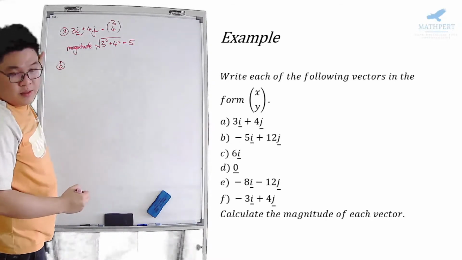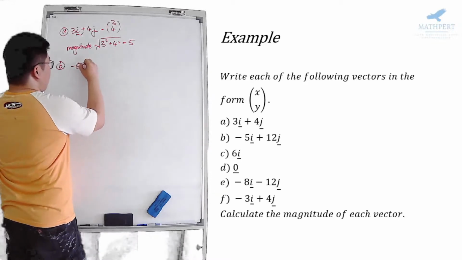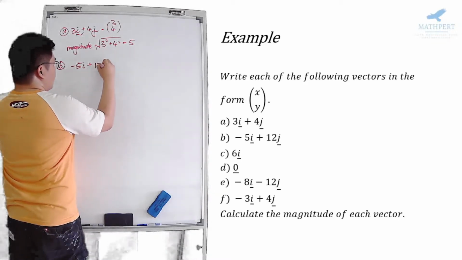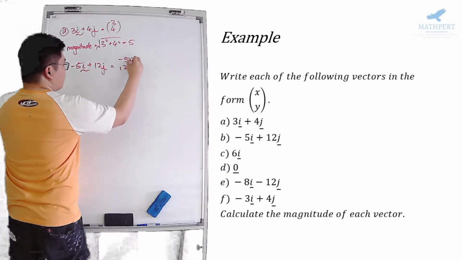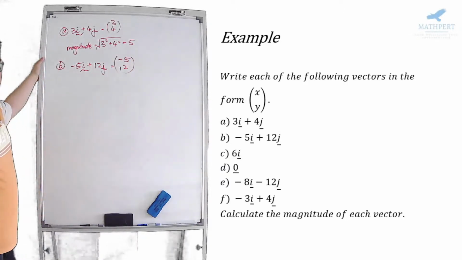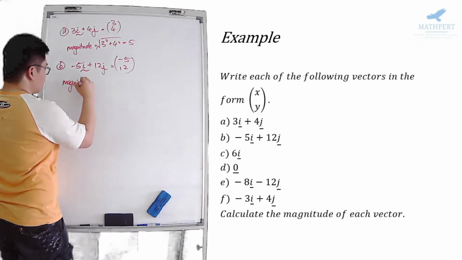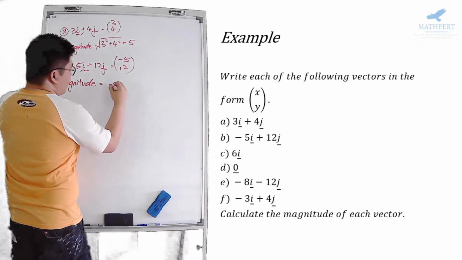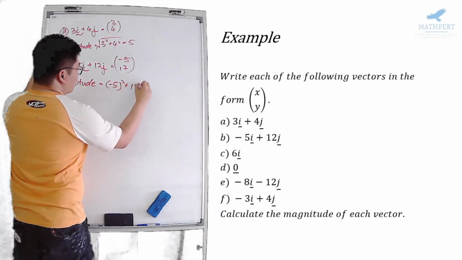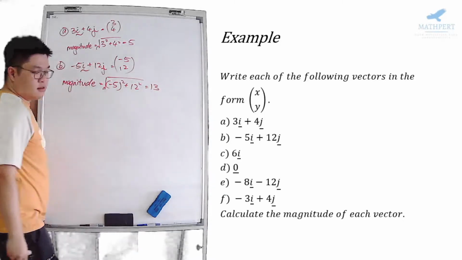Alright? B, negative 5i plus 12j. So this will be negative 5, 12. Alright? So magnitude is equal to negative 5 square plus 12 square, square root, and we will get 13.